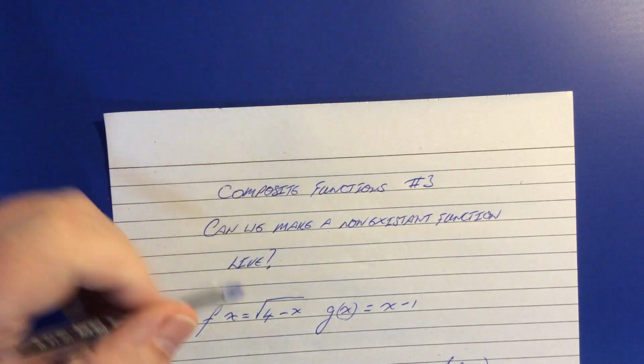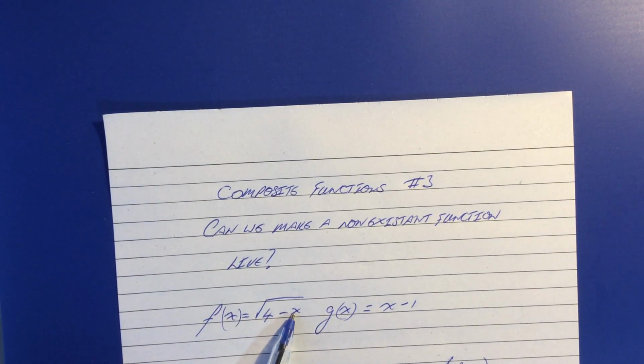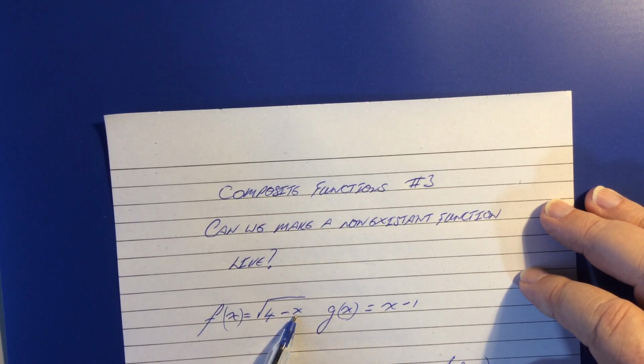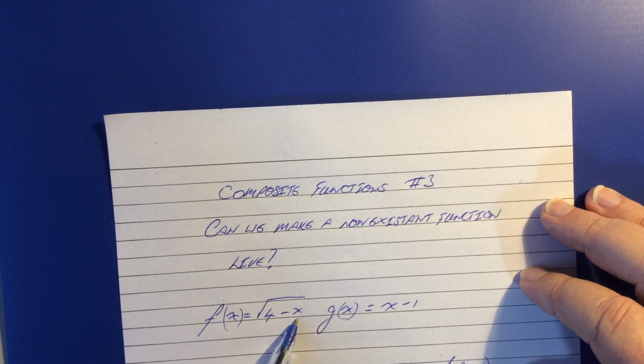So we've got the function f of x here, and we've got the function g here. Now the function f of x is the square root of 4 minus x. Immediately you become aware on looking at this that x cannot be a number that is greater than 4.